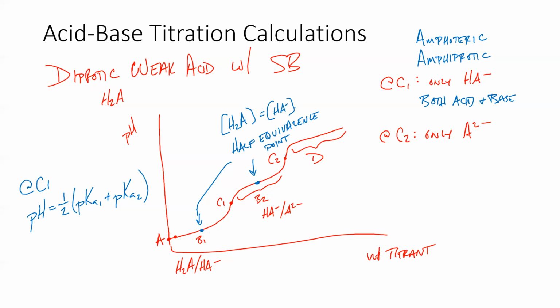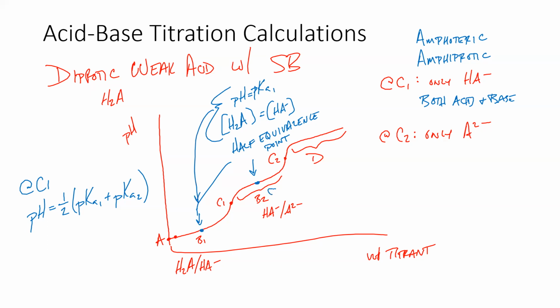We had a special thing when we did the Henderson-Hasselbalch equation, if you remember. When the concentration of base is equal to the concentration of the acid, what's special about the pH? Equal to the pKa. That's right. And so for this data point down here, pH is equal to pKa1.